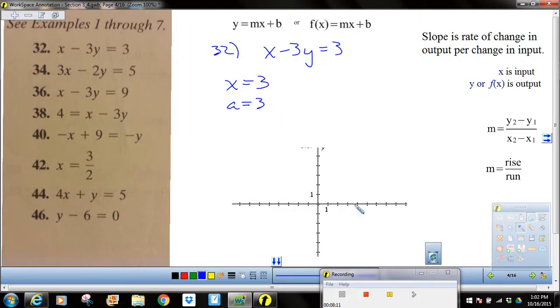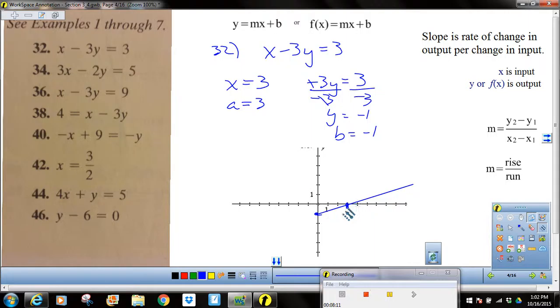So there's my x-intercept. To get the y-intercept, I'll let x be 0, so I end up with -3y equals 3. Because x was 0, divide by -3, and well, it looks like we have y equals -1. So the y-intercept is -1. I draw my line through. And there's the graph for number 32.